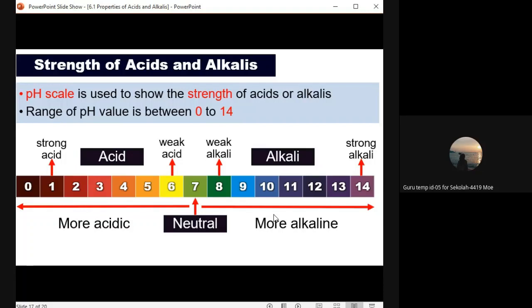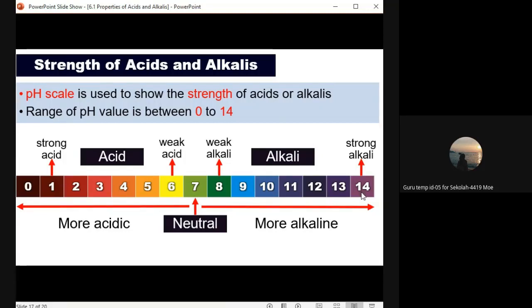So the strength of acid and alkali, it does not depend whether or not the number is small or big. Okay, you have to remember that the closer it is to 7, the weaker it will become. Okay, so acid and alkali will be different, right? For acid, the smaller the number, for example 1, okay, the stronger it is.